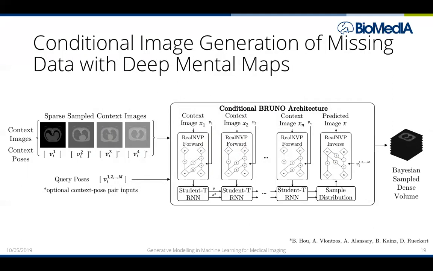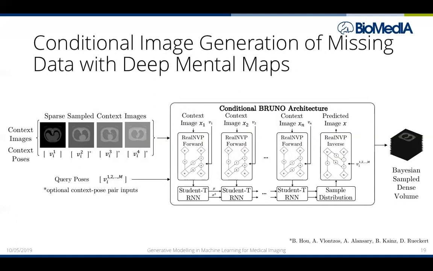Context slices are just information of an organ, a few images with a ground truth that represents the entire scene. So we train this scene using a conditional Real NVP, and the conditional Real NVP will then generate a latent representation of all the context slices.